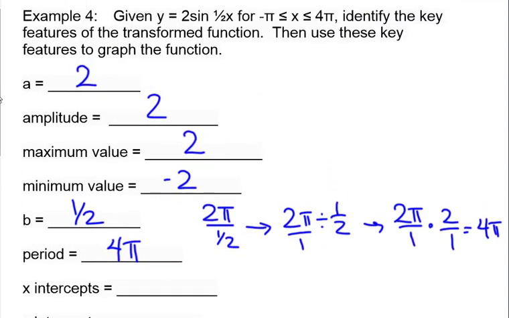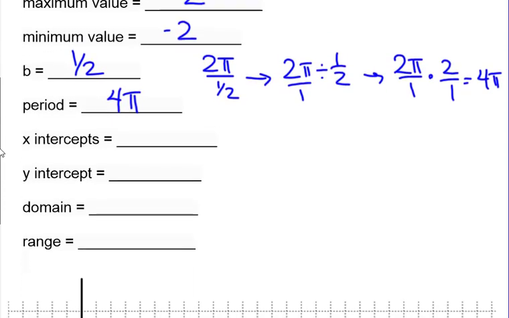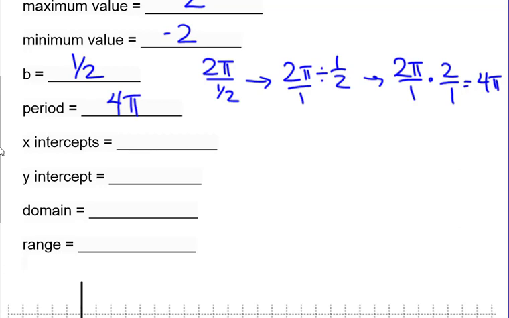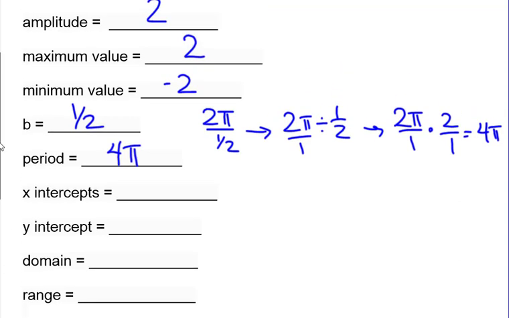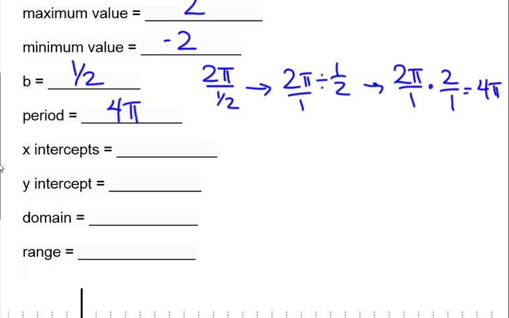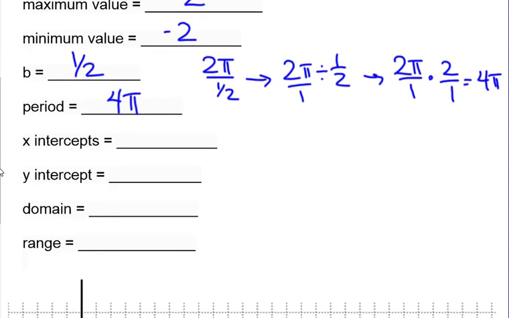Our x-intercepts, because we're just stretching, those are still going to be the same thing, because 0 times anything is still going to be, oh, just kidding, we do have a horizontal stretch. Normally they are at 0, pi, etc., etc., etc. But because we're stretching them, they're going to be twice as much.